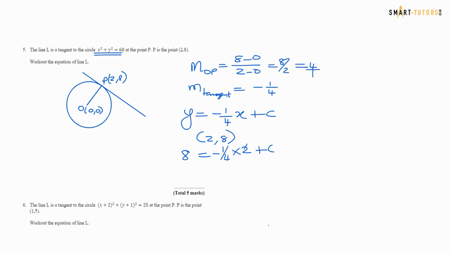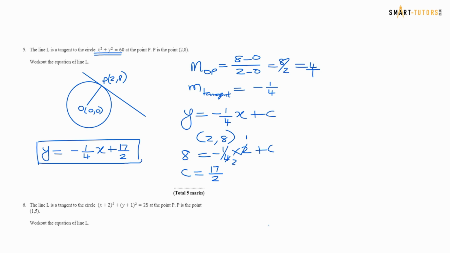So minus half goes to the other side, so c equals 8.5, which is 17 over 2. So that is the answer for c. The equation is y equals minus quarter x plus 17 over 2. So that is the equation of the tangent line, the answer for question number 5.